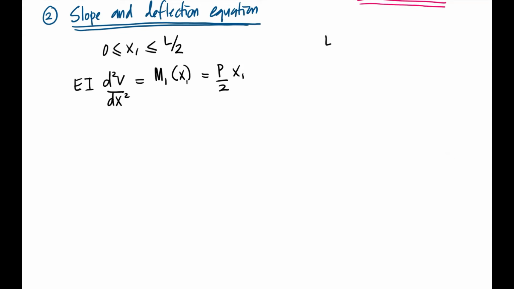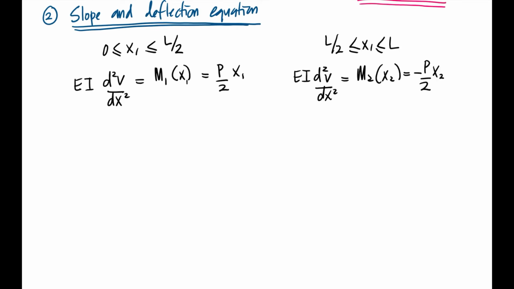Then from L over 2 to x2 to L, the equation is equal to M2, which is negative P over 2 x2 plus PL over 2.